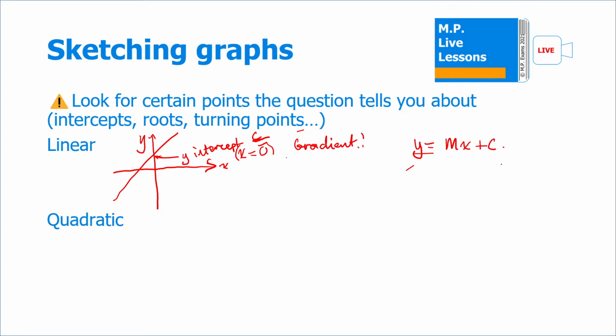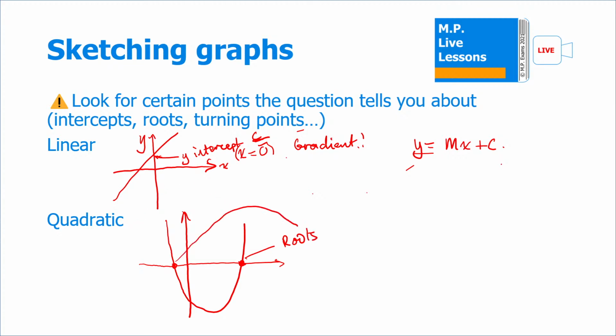And for quadratic graphs, you'd have seen them a lot by now. They are U-shaped or N-shaped graphs, like smiley faces almost. And you'll need to label things like this is a root, these are both roots, this would be literally the turning point.